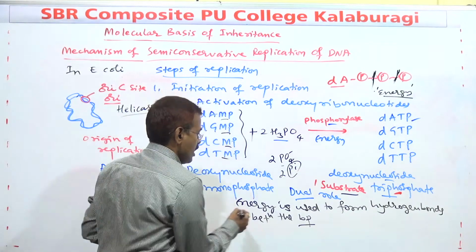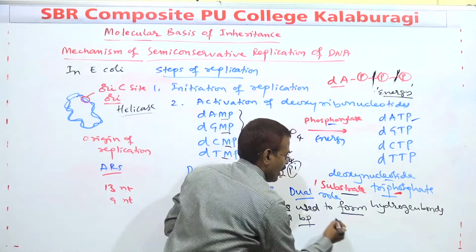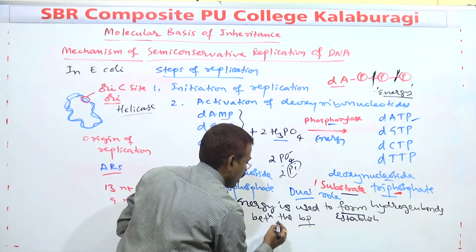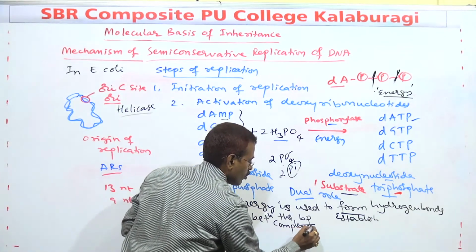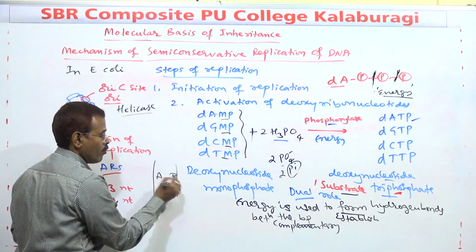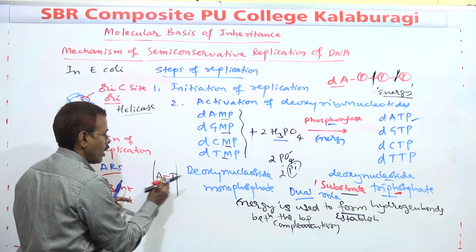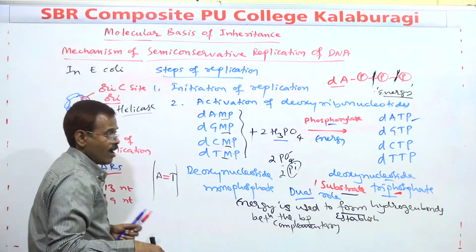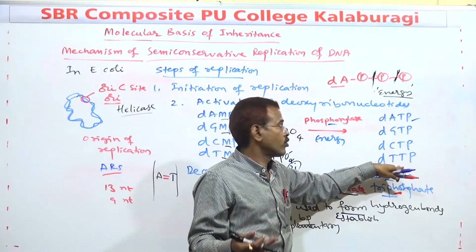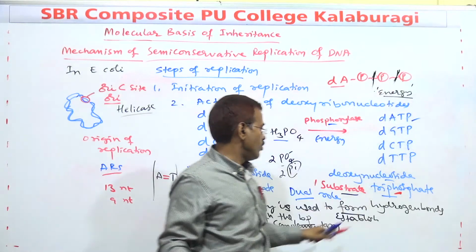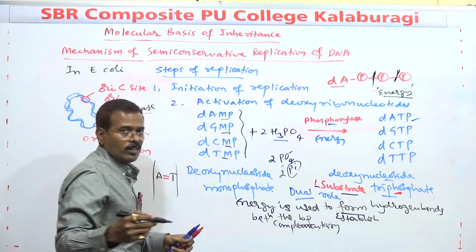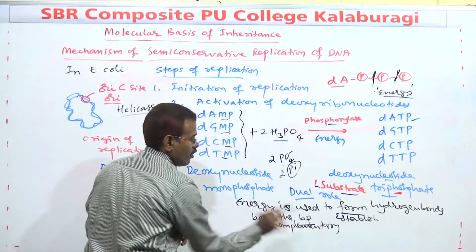That energy is used to establish hydrogen bonds between the complementary base pairs of the two strands. If A is there, the complementary base pair is T, and between them two hydrogen bonds. Energy is required for that, and it comes from the triphosphate nucleosides, which on breakdown release the energy. So two roles: one as substrate, and another as the source of energy for hydrogen bond formation.